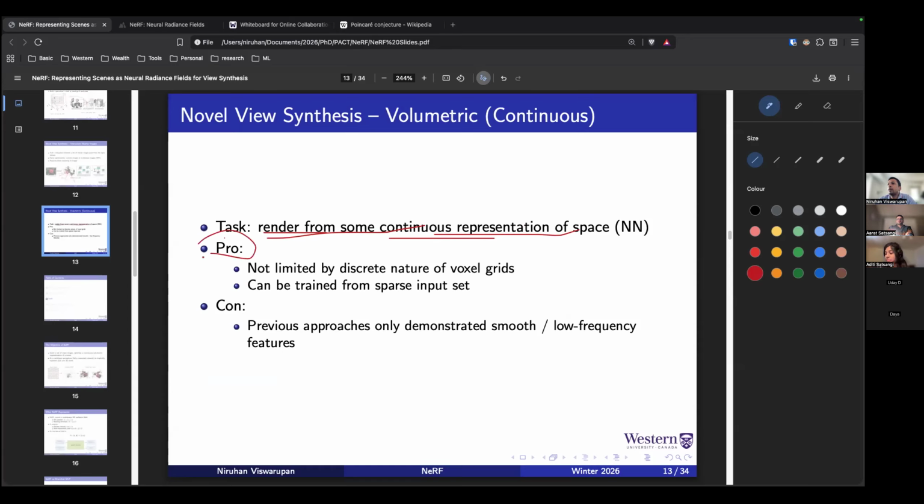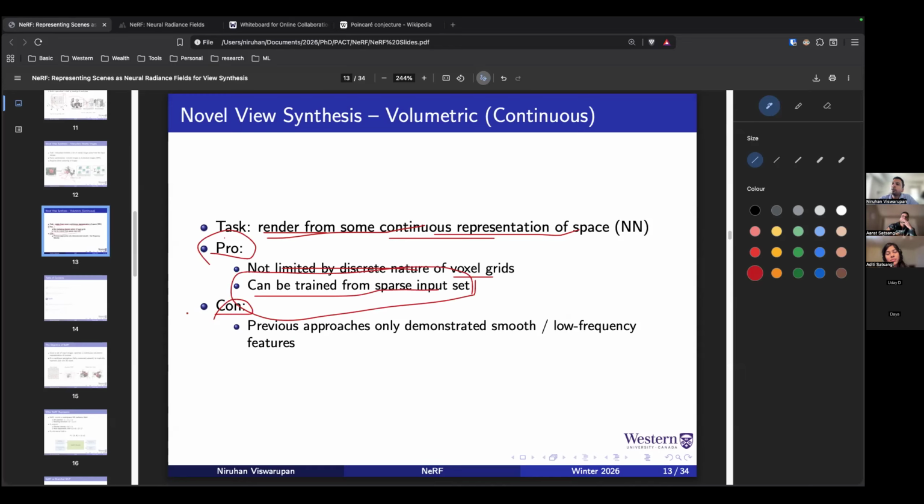The pros are that these are not limited by the discrete nature of voxel grids, and they can be trained from a sparse input set. I don't know why this is, but empirically they have taken a sparse set of input images and been able to train a good continuous 3D representation model. The con is that previous approaches only demonstrated smooth, low-frequency features.